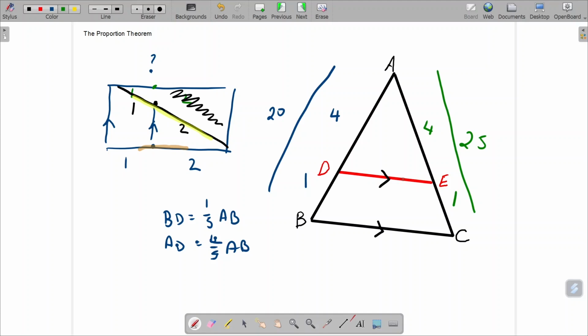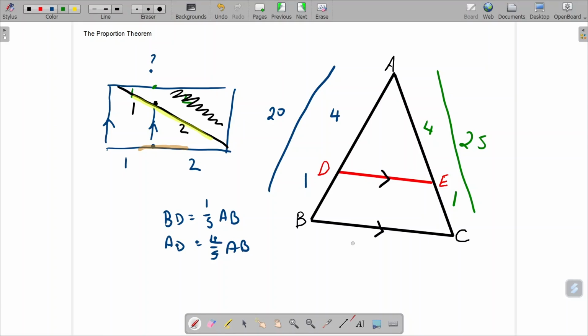Okay, that EC would be in proportion to AC of 1:4. Again, not saying that EC is 1 unit or 1 centimeter or 1 meter long, simply that it is in the proportion of 1:4.